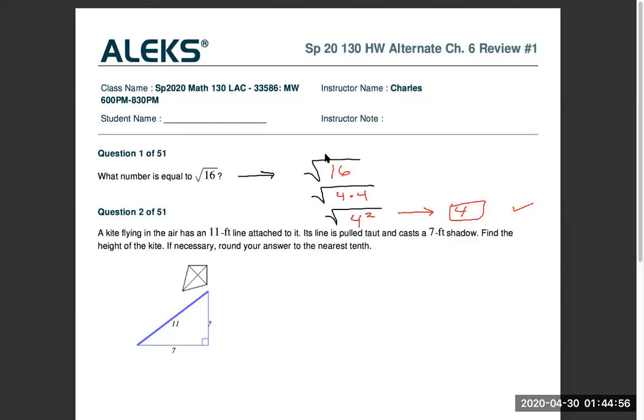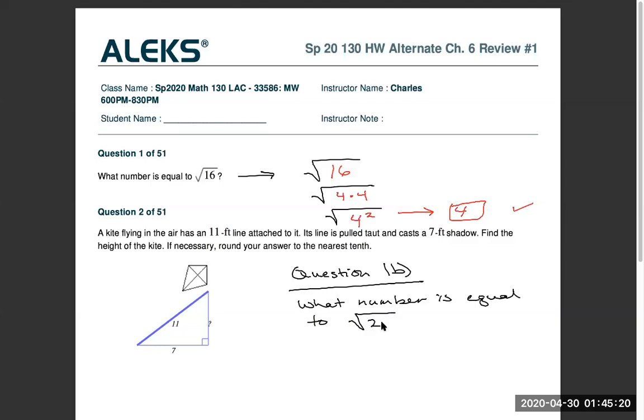I'm actually going to add one in here. Okay, so what number is equal to square root 27?